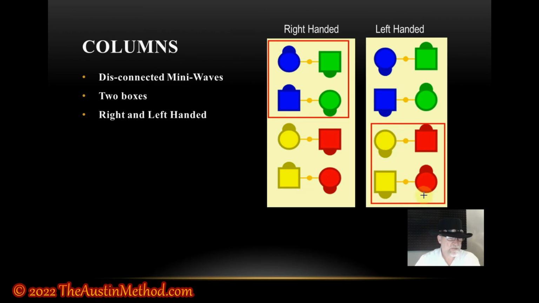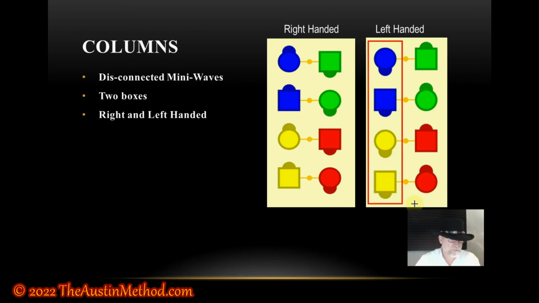So these are just two boxes in tandem to each other, which forms the columns. Here's a column. Here's a column. They are right-handed and left-handed, based on the mini wave that forms them.